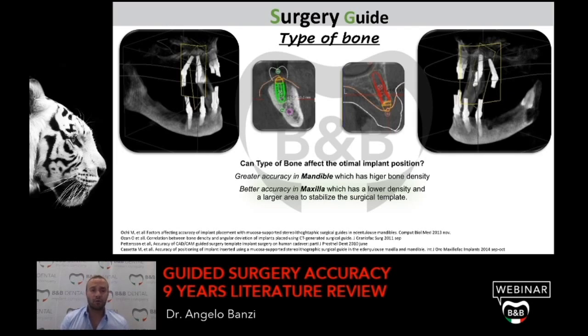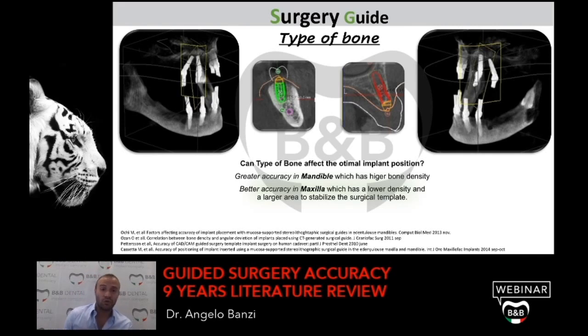So, for example, for B&B Dental, if I work in bone level D1 or D2, very high density, and I want to place a 3P or an Evolution implant, I'm going to use the drill of the same diameter as the implant, and sometimes, especially in bone D1, I'm also going to use the contour seal drill. So you have to know the system you are working with, to reach the right position of the implant.